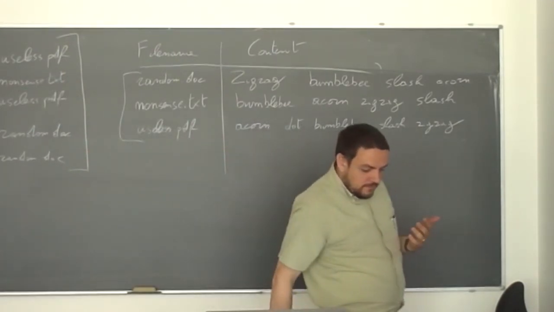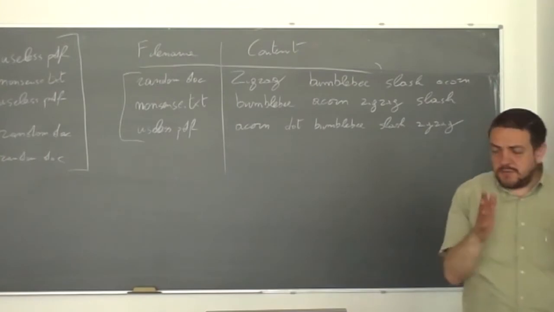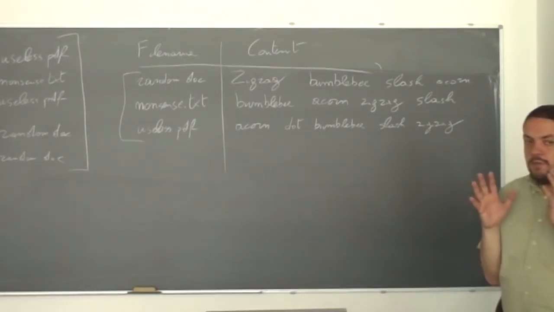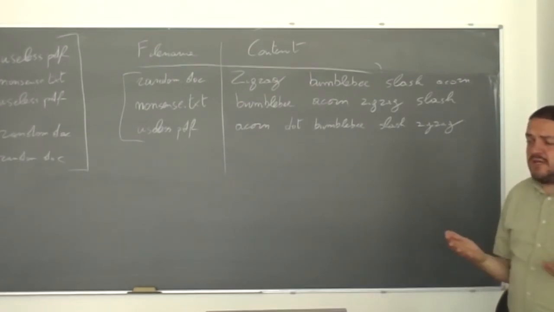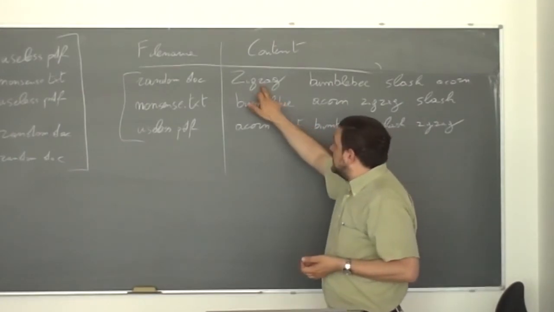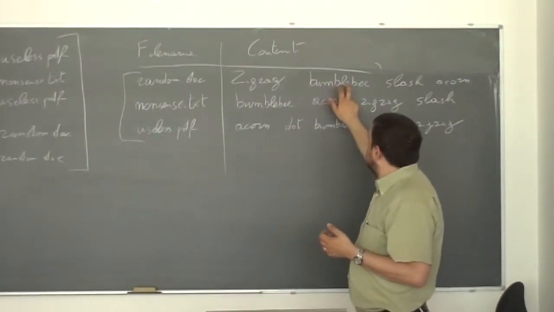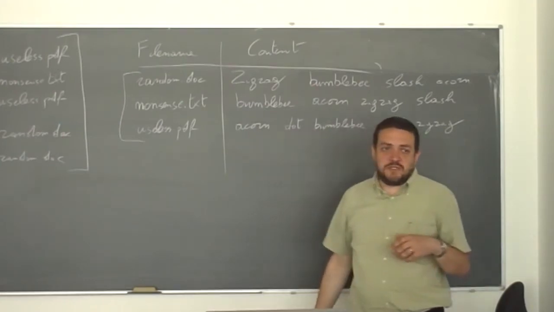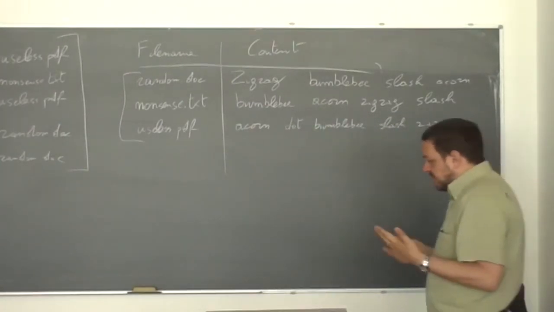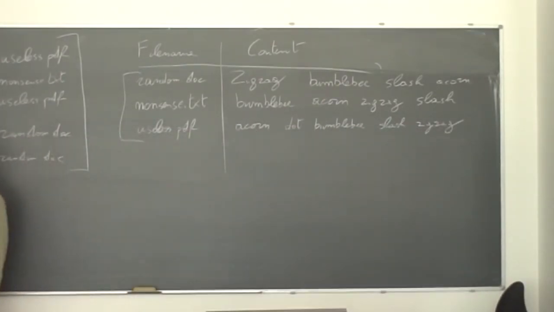But the problem is that the first part of your program, the mapper, only sees one document. So it cannot decide anything. It can only say, okay, zigzag appears in the first position of random doc, bumblebee appears in the second position of random doc, and so on. Of course, at the end, we need to generate key value pairs where the key is a term.